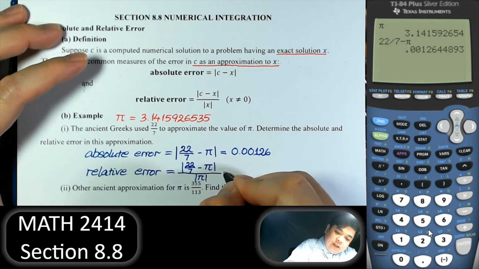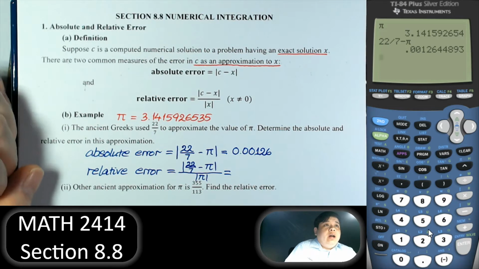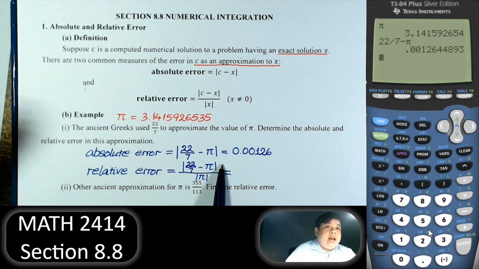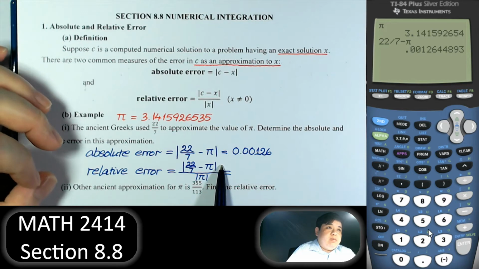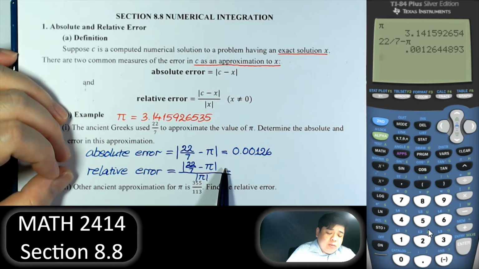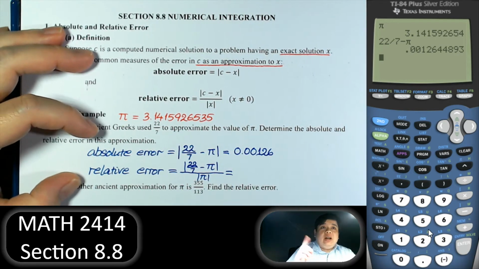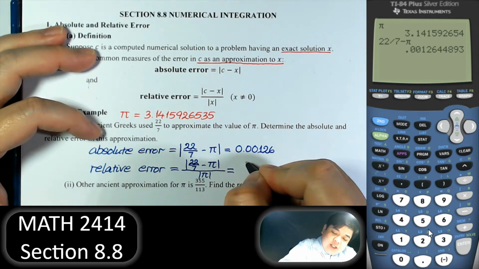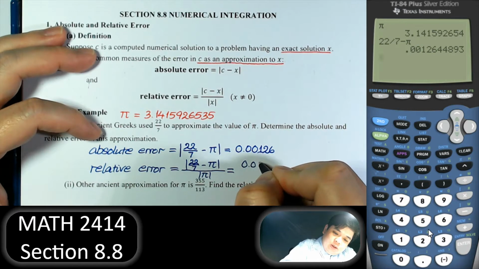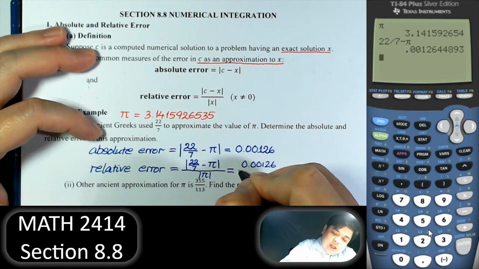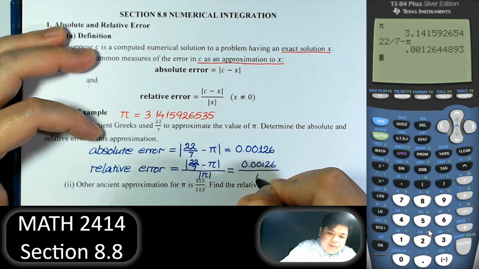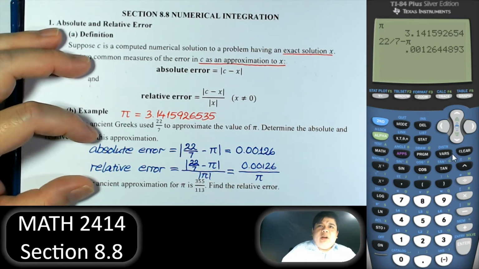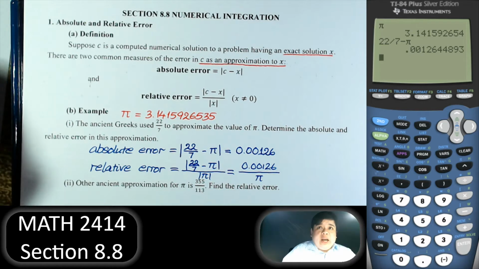Like I said, we put absolute value just to make sure everything turns out non-negative. So it's just 0.00126 divided by pi. We don't even need the absolute value of pi because that's positive, but that's how we write it in a calculator.